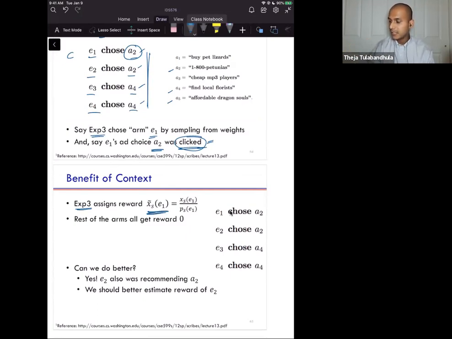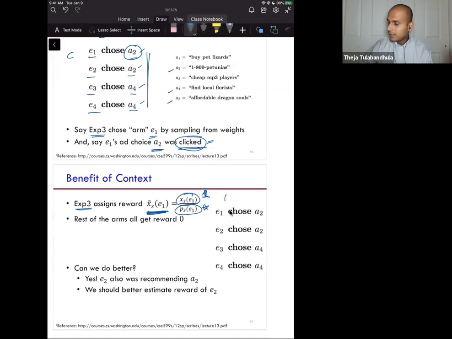So x tilde s just means whatever score I got. Let's say click means just 1. The slight modification is the probability with which you played this arm. Okay, and we can discuss offline why this normalization is needed. But modulo that, there's some score that you get. Okay, and then you can use the score to update the weight.